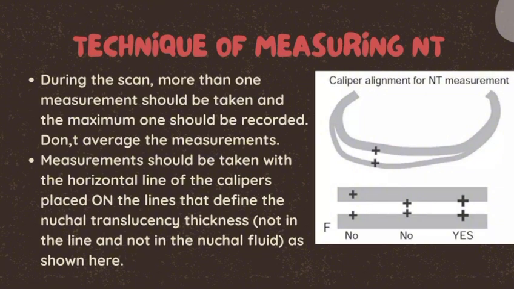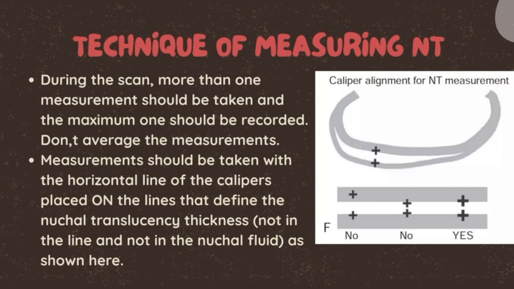In this slide, we will be talking about the technique of measuring NT. Accurate technique is essential for reliable NT measurement. During the scan, more than one measurement should be taken and the largest one should be recorded. The measurement should not be averaged.